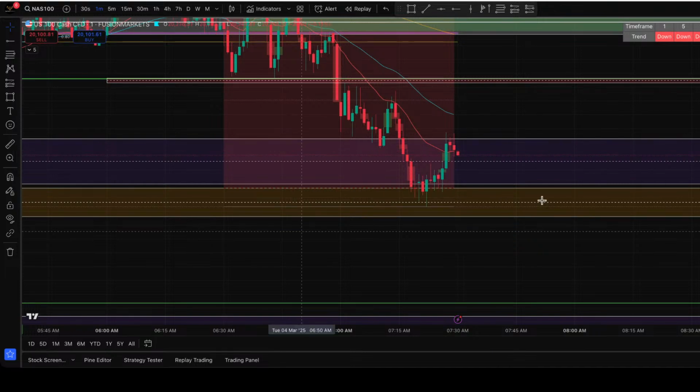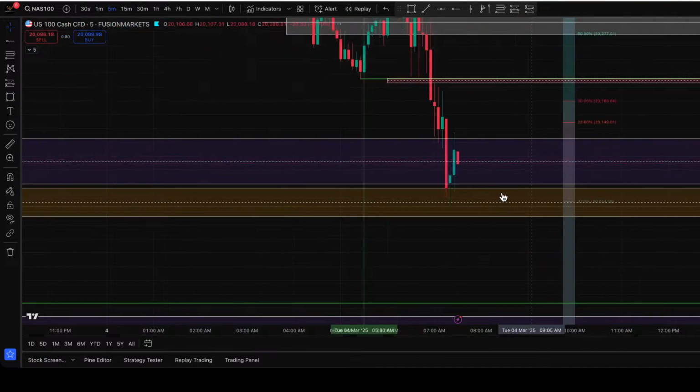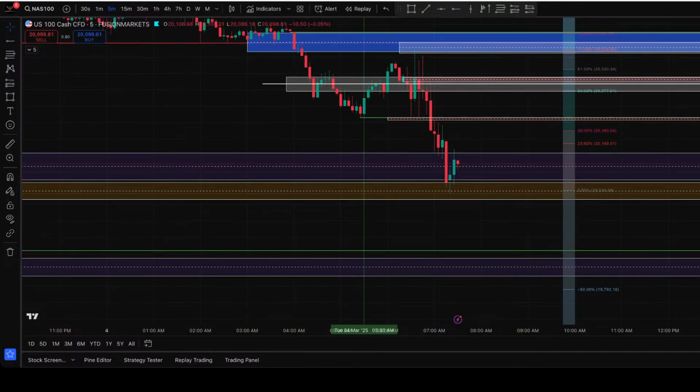Okay, so our spotlight strategy is now fully formed, our range. Now we're just going to wait for a confirmation, retracement, and extension. And right now our bias is to the downside.